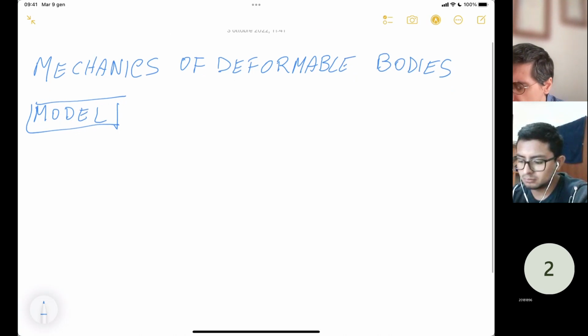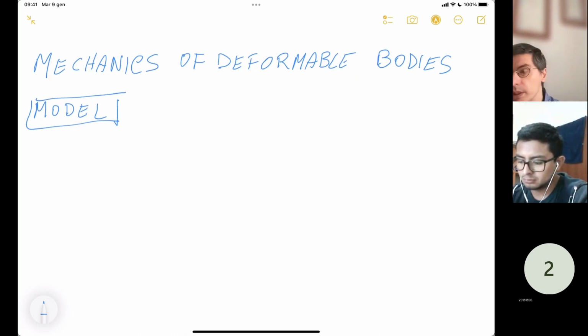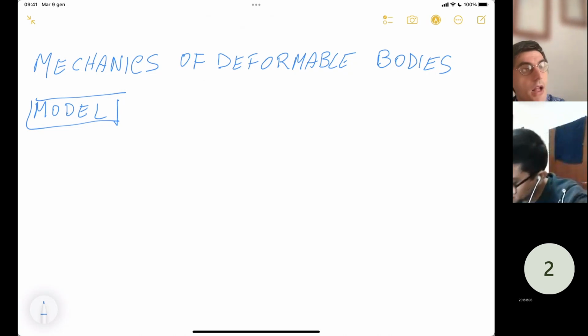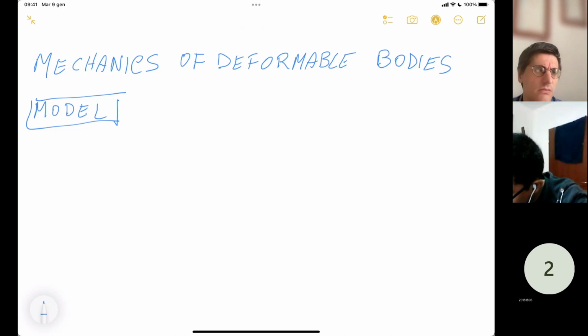First of all, I should say a model is an abstraction, a concept, a mathematical tool, if you like, that allows you to represent a real phenomenon.